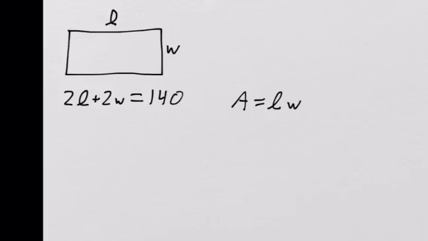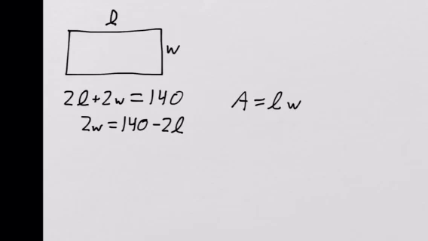So the trick that we're going to use here is we're going to solve this 2L plus 2W equals 140 for one of the variables. So I'm going to subtract 2L from both sides. We get 2W is equal to 140 minus 2L.